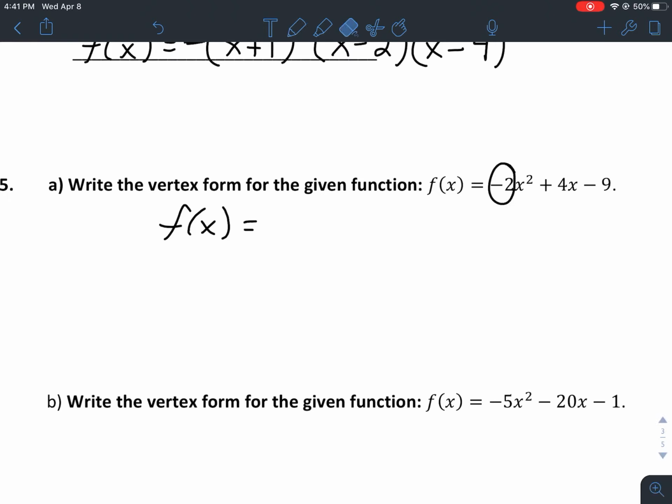Anytime there is a number out front here, what we're going to have to do is take that number, whatever it is, so negative 2, and bring it out front. Then what you do is you divide each of the first two terms by whatever that number is. Negative 2x squared divided by negative 2 is x squared. And then 4x divided by negative 2 is negative 2x.